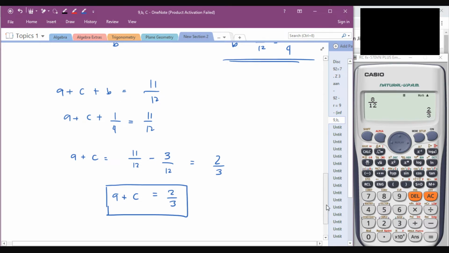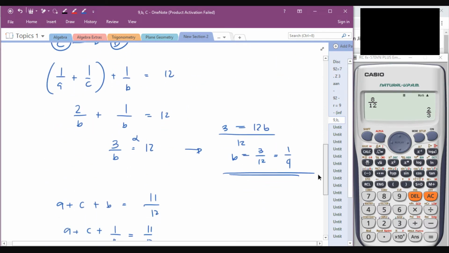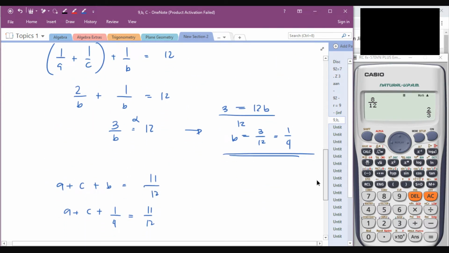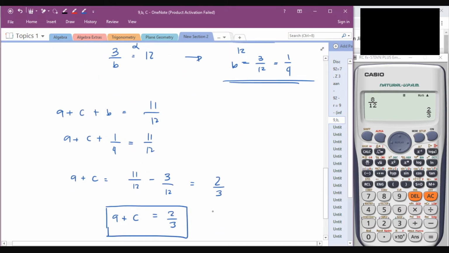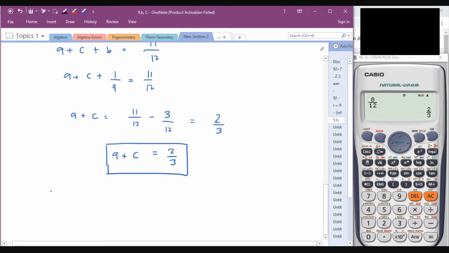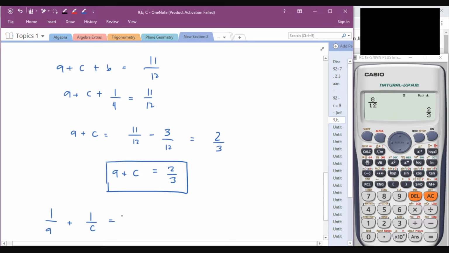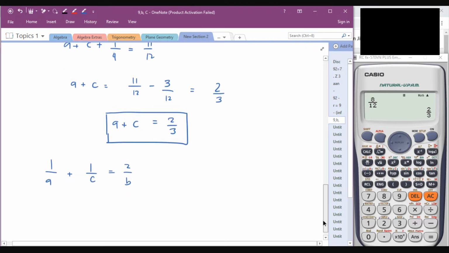Another equation na naman yan. So, ano nga hanapin mo na lang dyan? Yung value ni A. So, 1 over A plus 1 over C equal to, saan ko ba mahanap to? 2 over B, di ba? So, meron tayong value ni B dyan.